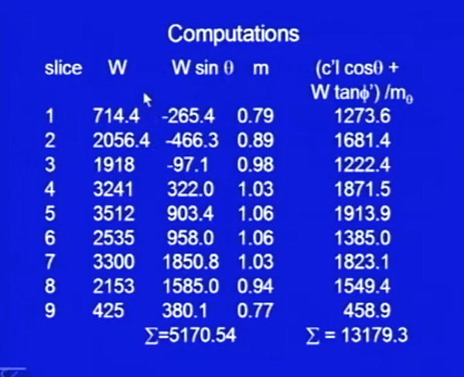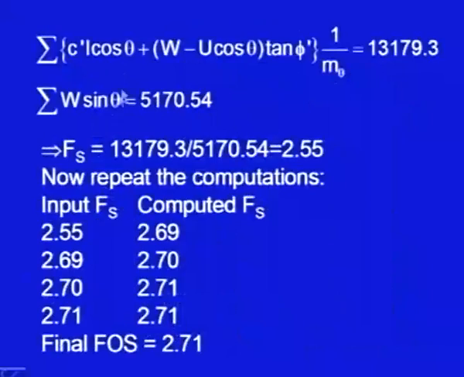In fact, you can make one more column here which indicates the theta value, then the factor m, and then C dash L cos theta plus W tan phi dash upon m theta. Their sum and sum of the W sin theta values. The factor of safety is computed from these expressions. So, this is the numerator which comes out to be 13179.3, the denominator comes out to be 5170.54, and the factor of safety then comes out to be 2.55.